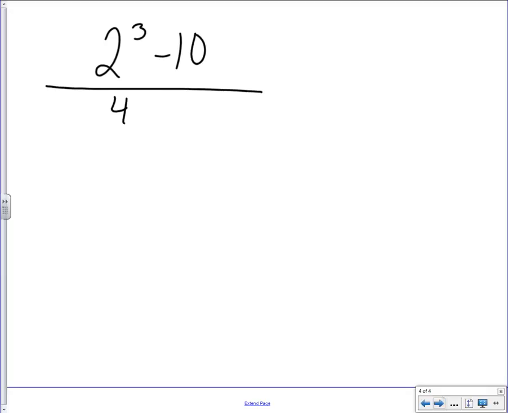All right, let's try another one. This one looks very, very intimidating, and I will tell you that right up front. Okay, let's talk about this.